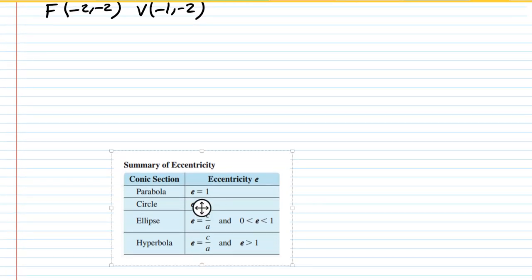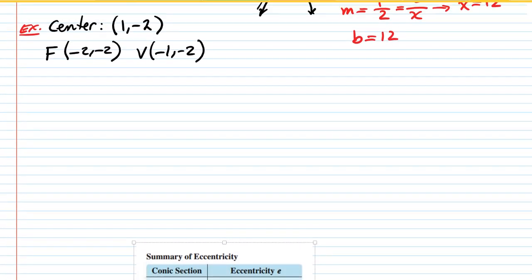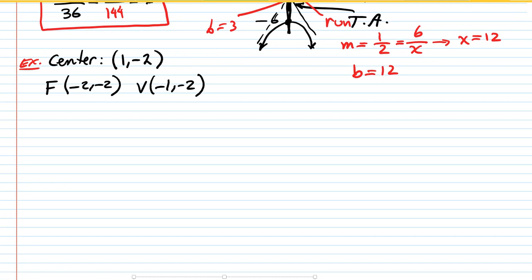And I'm going to move this down. We'll talk about that in a few minutes. So if I draw my hyperbola with the information that I'm given so far. Center at (1, -2). That's the center.